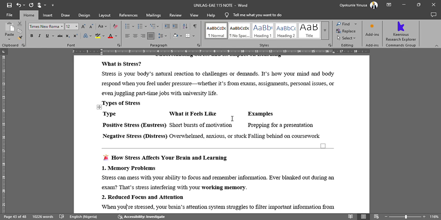When you say, I cannot kill myself, I'll just do this and stop there, that is eustress. An example is prepping for a presentation. When you are preparing for a presentation, you say I cannot kill myself, I'll just do the little and present and I'll be fine. That is stress for you because you are so anxious of what it may turn out to be. So that is eustress.